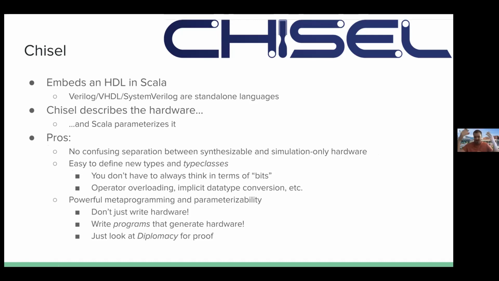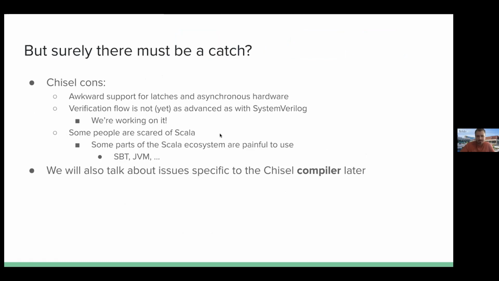You're able to think in higher abstractions and reduce a lot of the scaffolding work you sometimes have to do related to types. And you have a very strong type system within the Scala language that will make sure you catch errors during the compilation stage before you get to simulation, which can save you time.